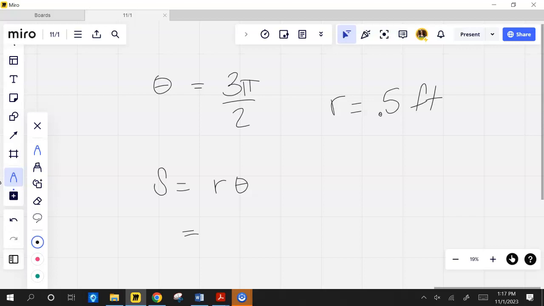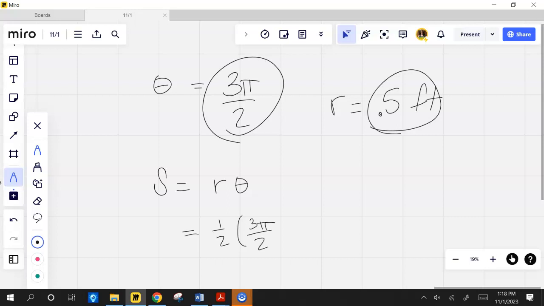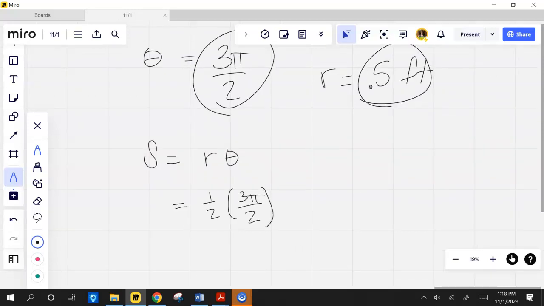So the arc length is 1/2 times 3 pi over 2, which is 3 pi over 4 feet. That's all. It is that easy. Radius times angle. But your angle has to be in radians.